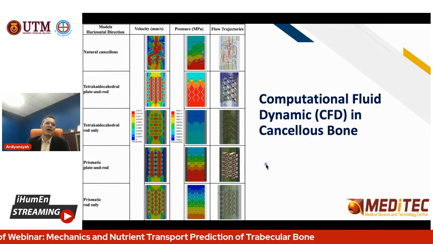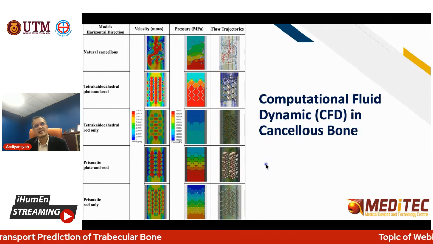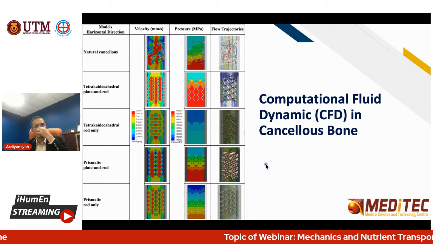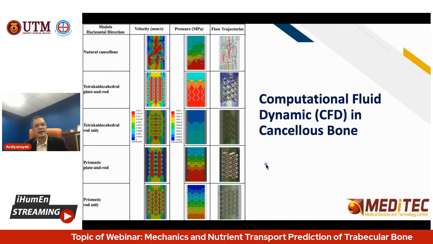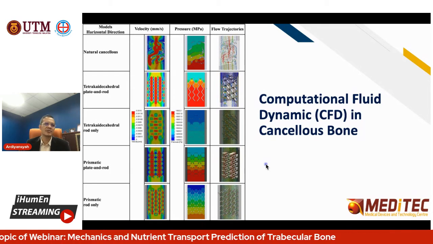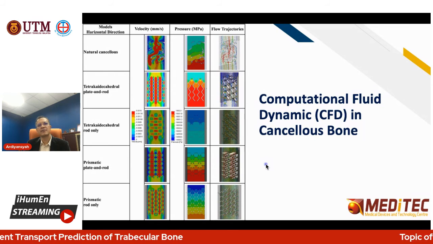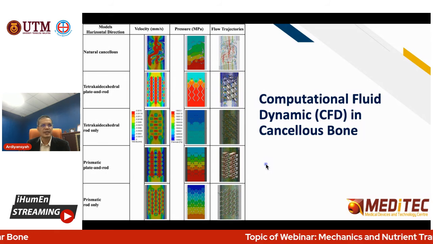After the experimental test, you can also simulate. Here we simulate a lot, the natural cancellous bone and the synthetic cancellous bone. Here we use fully CFD, computational fluid dynamics, in cancellous bone.